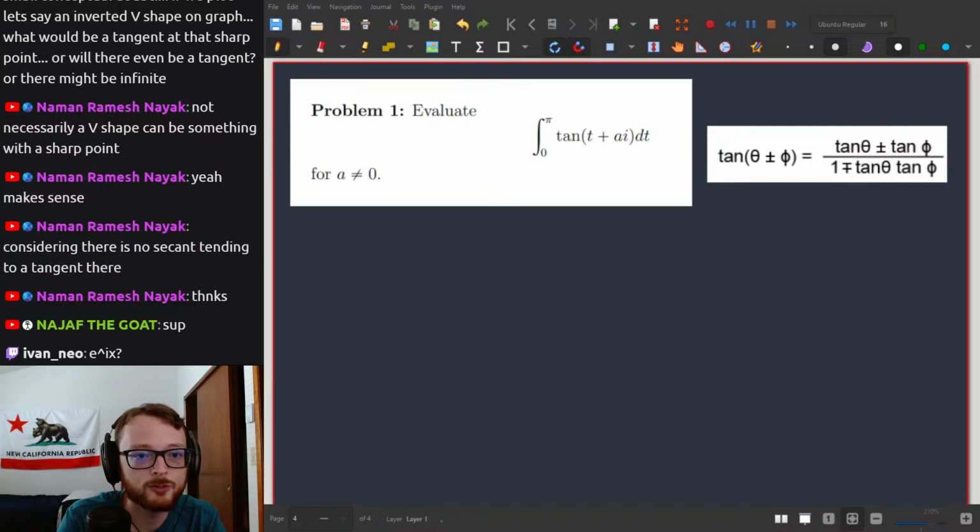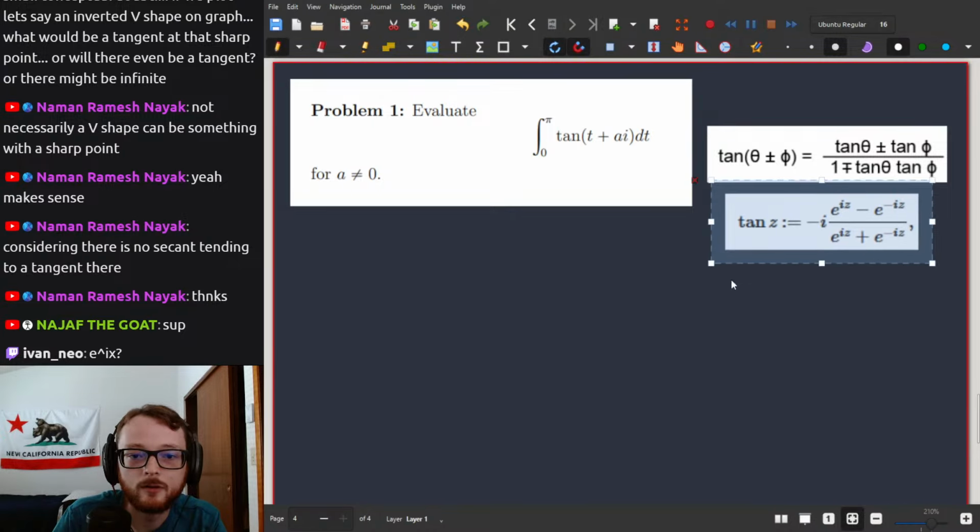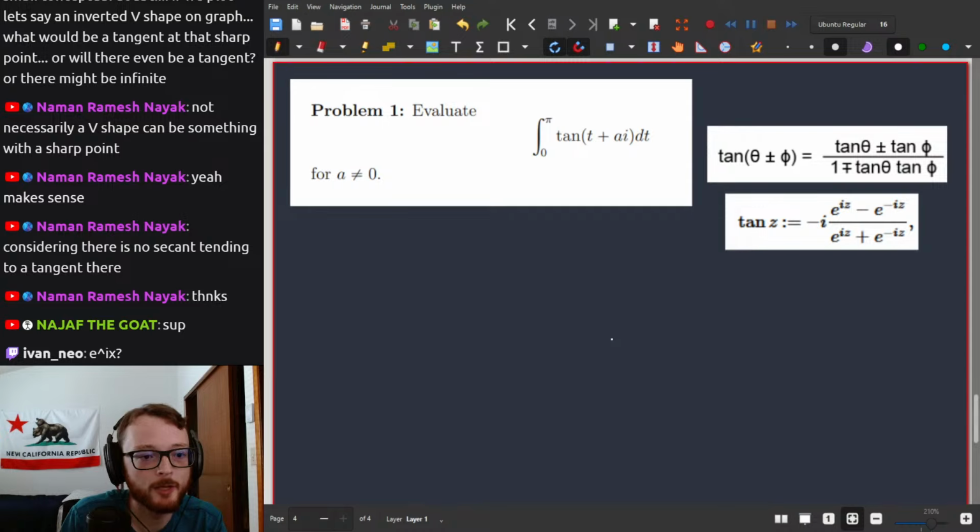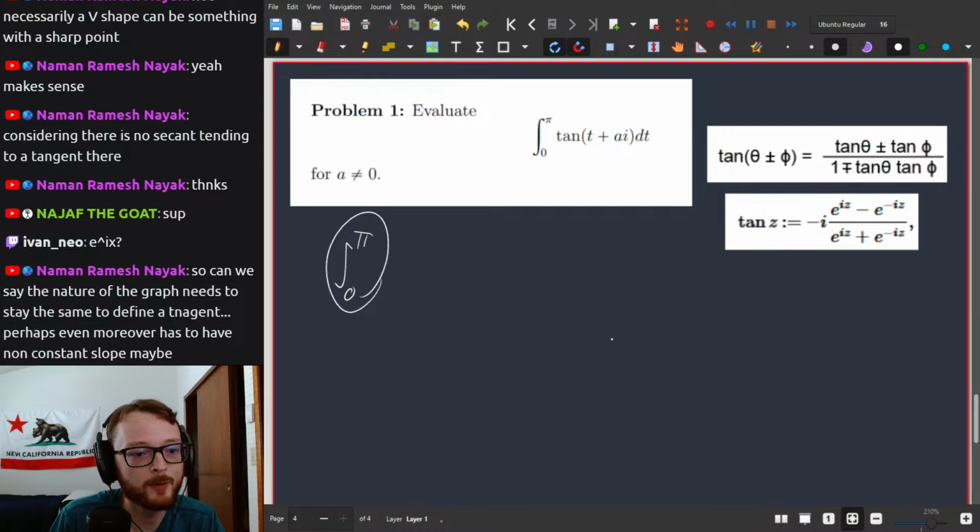Complex definition of tangent. So that's worth looking at. We do need to figure out if this integral is improper, by the way, with the bounds.